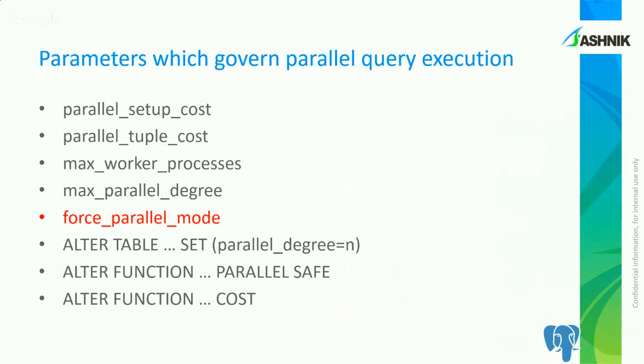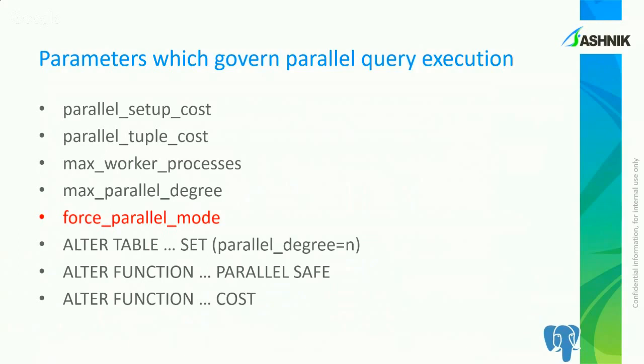You can also benefit from parallel scans or parallelism for your functions, but make sure that you mark them as parallel safe. So you can alter your functions and set them parallel safe. You can also tweak the cost of your functions so that the optimizer decides to use parallel operations for them as and when it can.